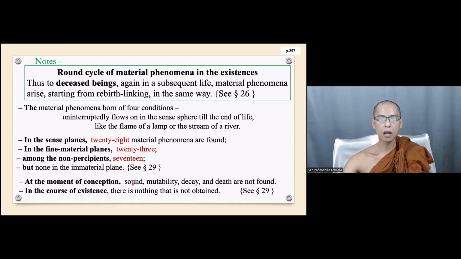So there is no sound, no mutability, decay, and death. That is why I said we have to make a correction in the four characteristics. Only the characteristics of upacaya and santati remain, because they are the arising moment of the materiality.